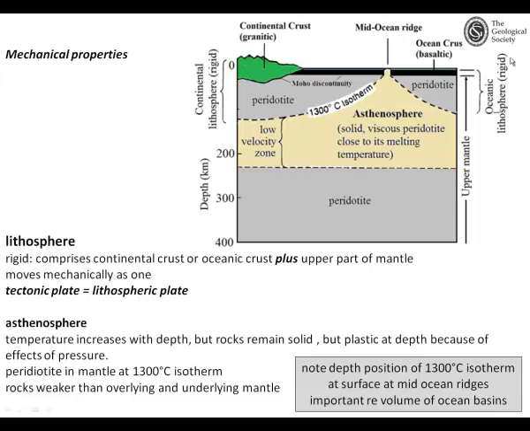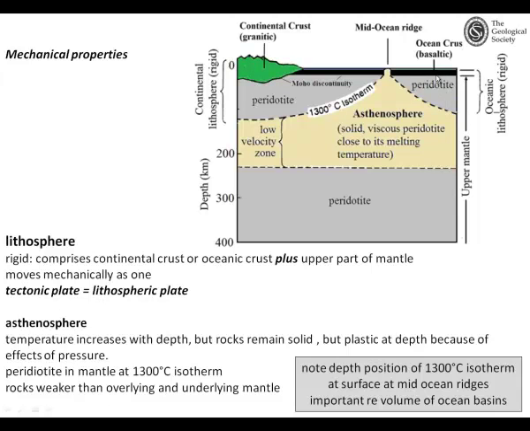The key issue with that is that it's rigid, which sits then on the asthenosphere, which is solid but extremely viscous. So effectively it's plastic. The distinction between continental and oceanic lithosphere refers to which the upper part of this twofold division that you see here is.